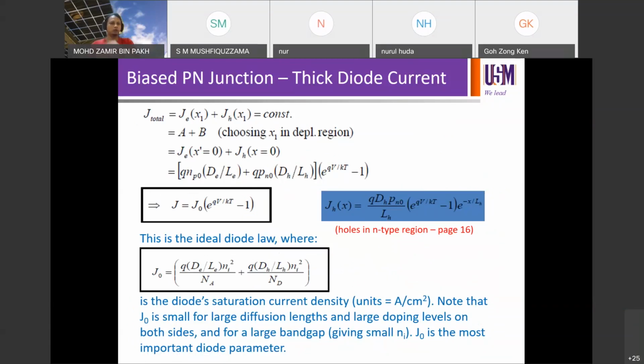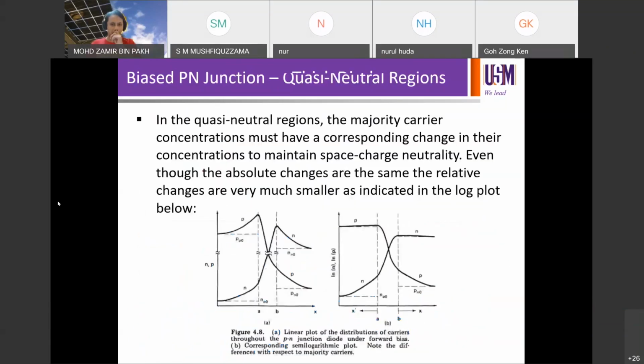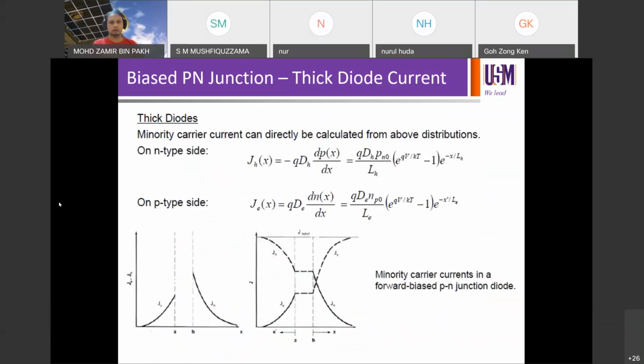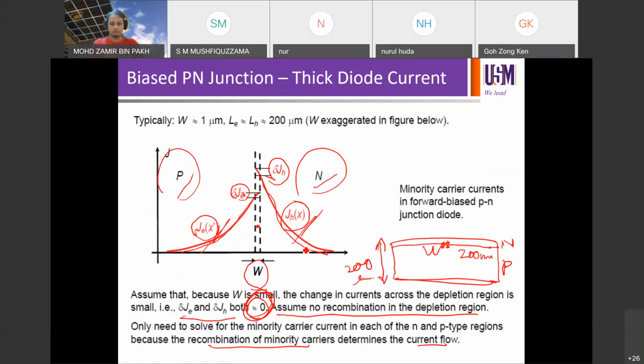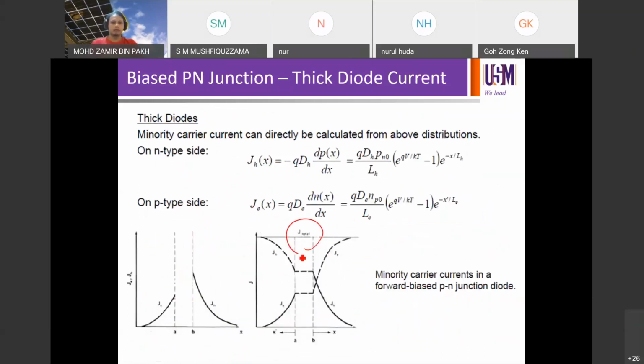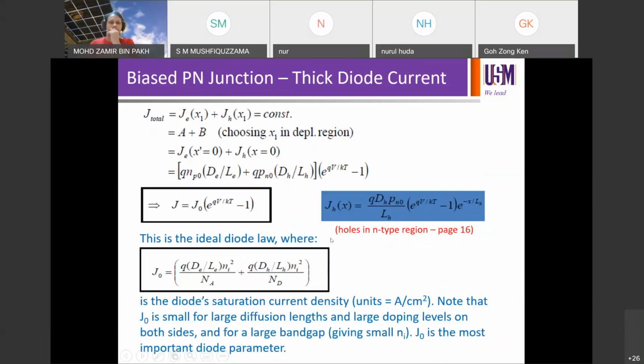Right, so J total, we discussed before about this. Total current is given by J_EX times J_HX, right? It's a constant there.